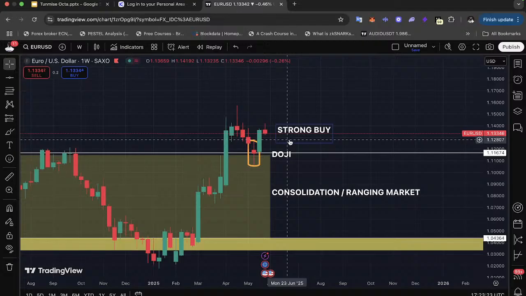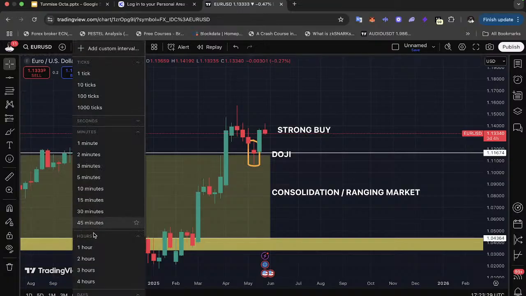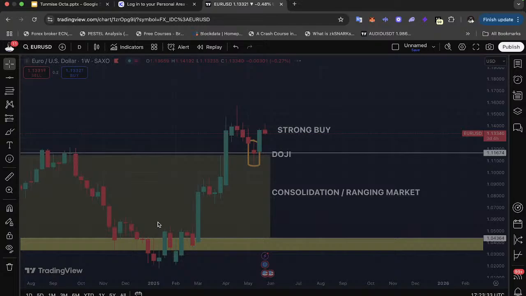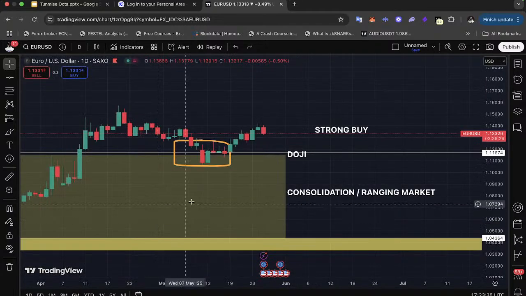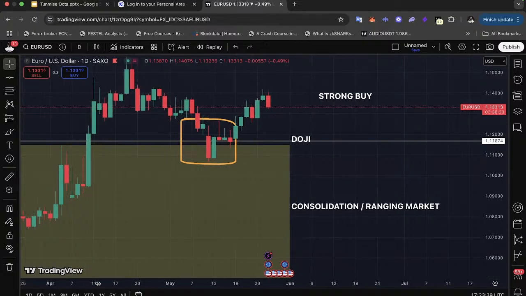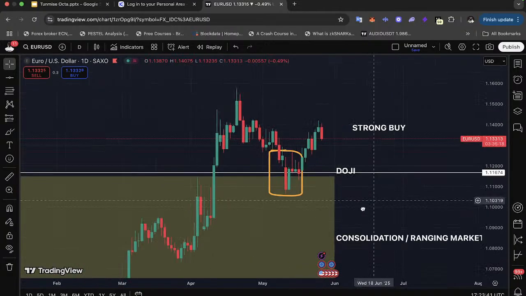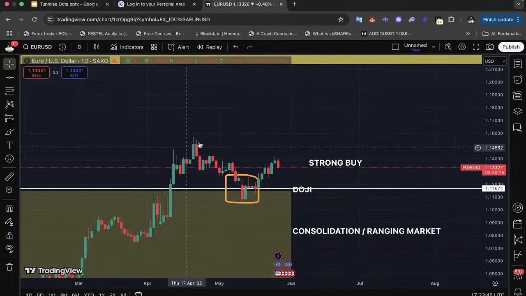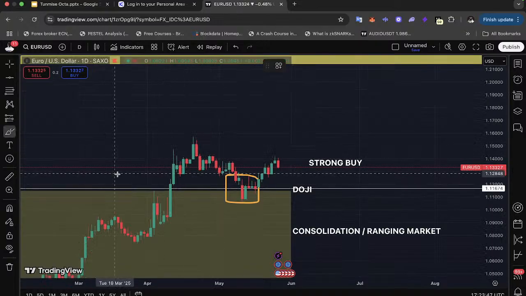So if you are a swing trader, then you are looking to swing on a buy. All right, so let's go down to the daily time frame. So this is the daily time frame. It's already clear to us what we can see here when we say a pullback occurred.